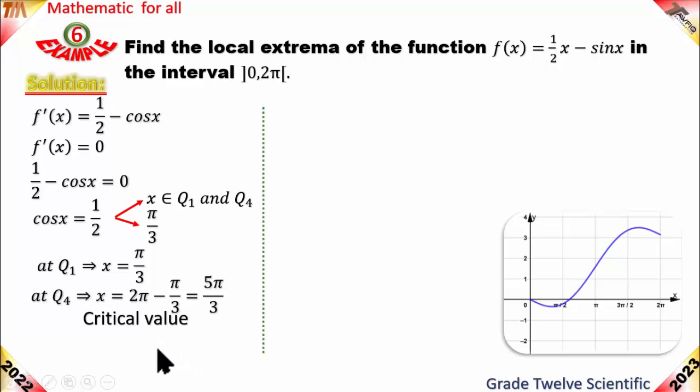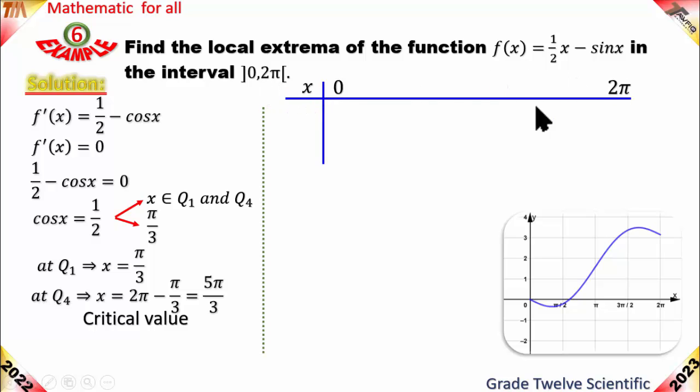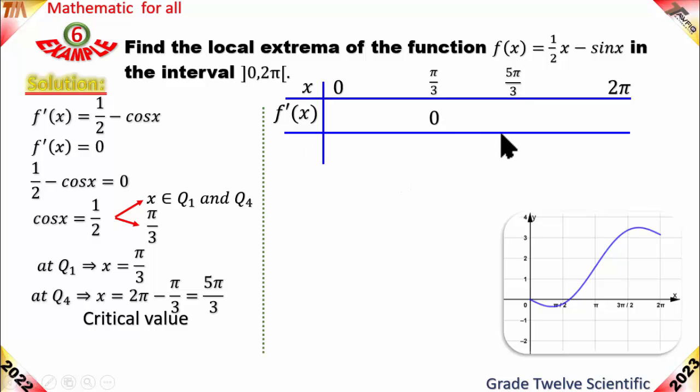And now, drawing the table of values, x goes from 0 to 2 pi, and we have two critical values, pi over 3 and 5 pi over 3, and the value of f prime at these two points is 0.